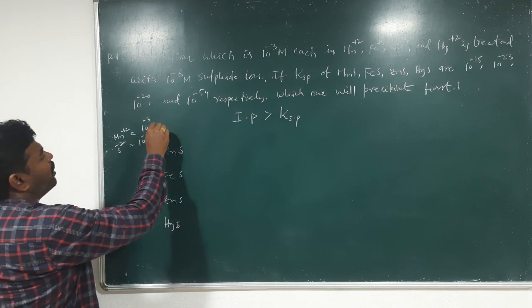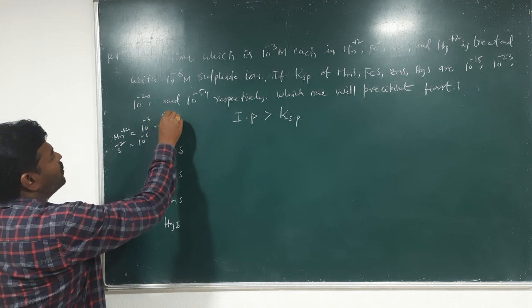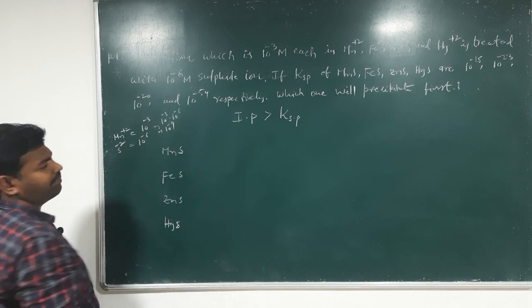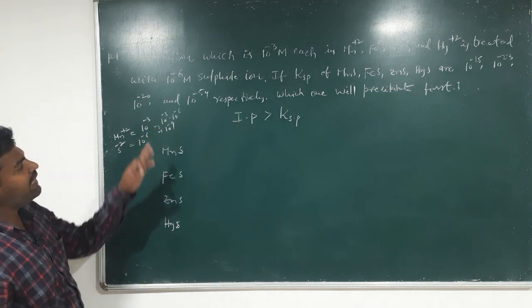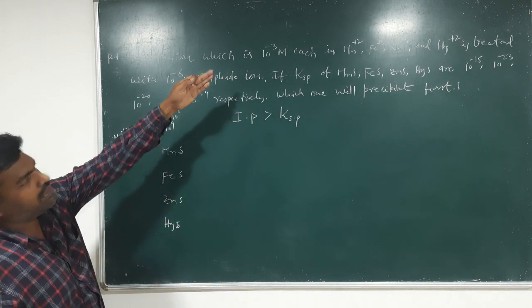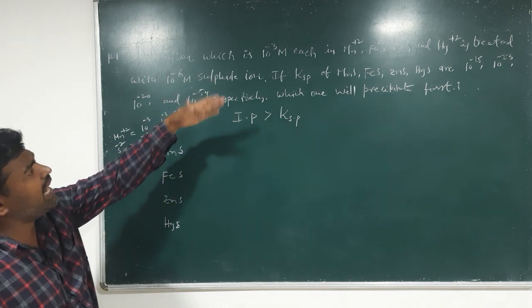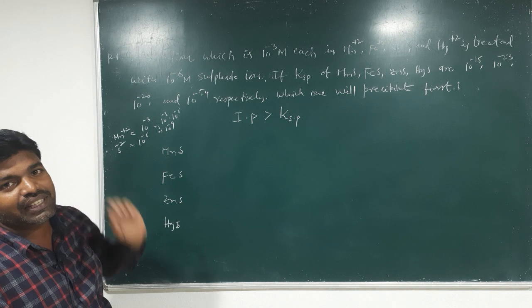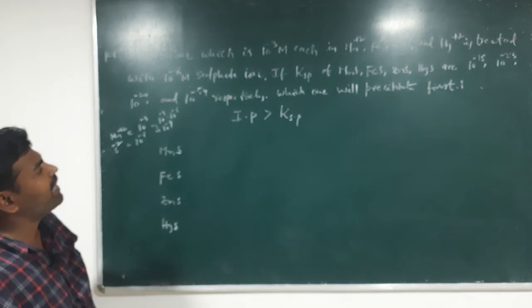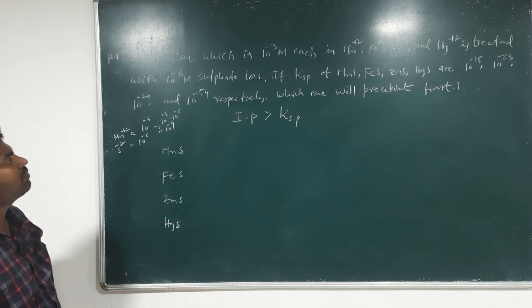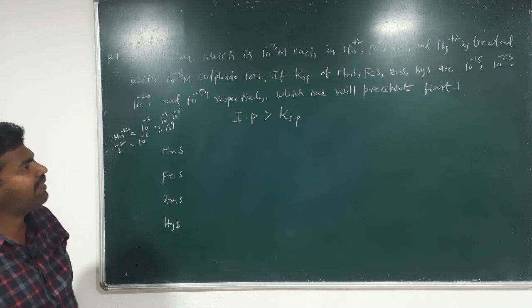Then ionic product is 10 power minus 3 into 10 power minus 6, which gives 10 power minus 9.